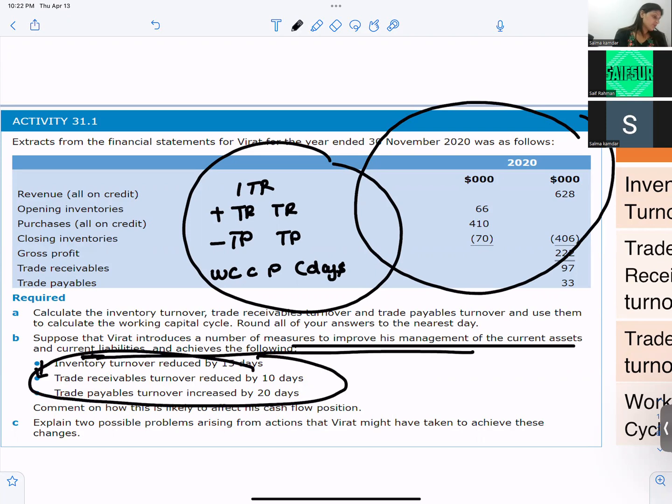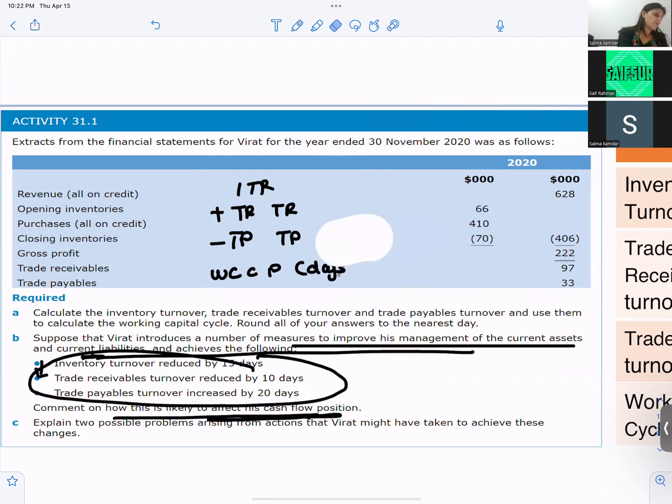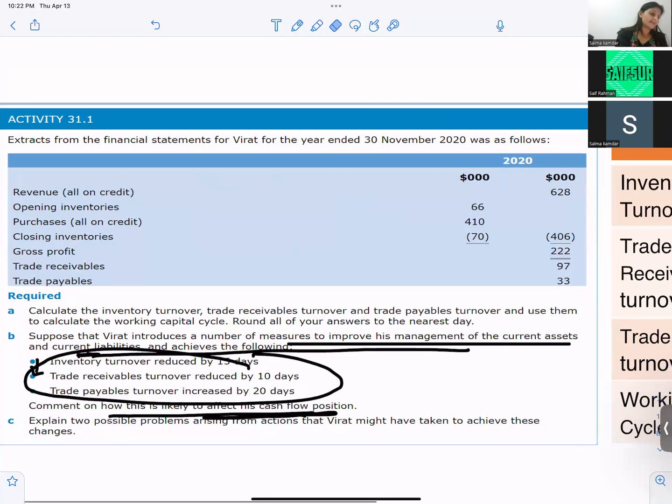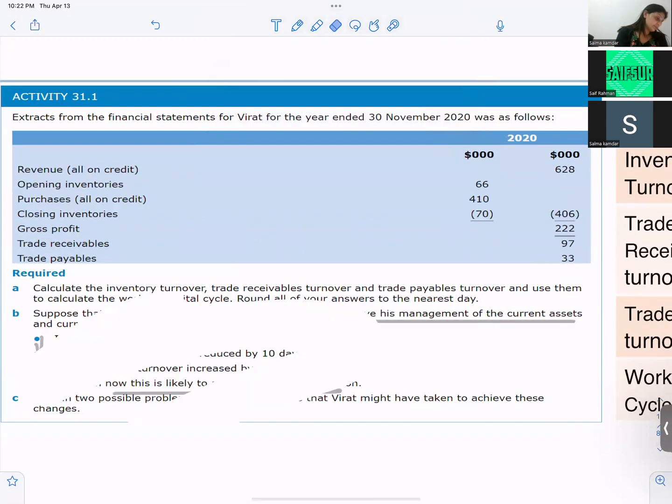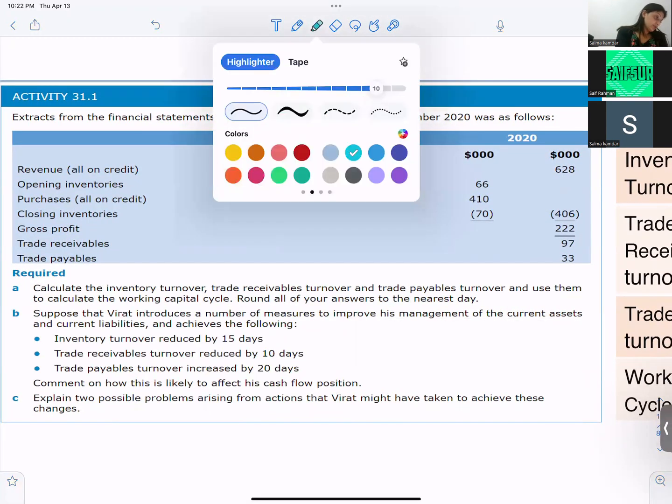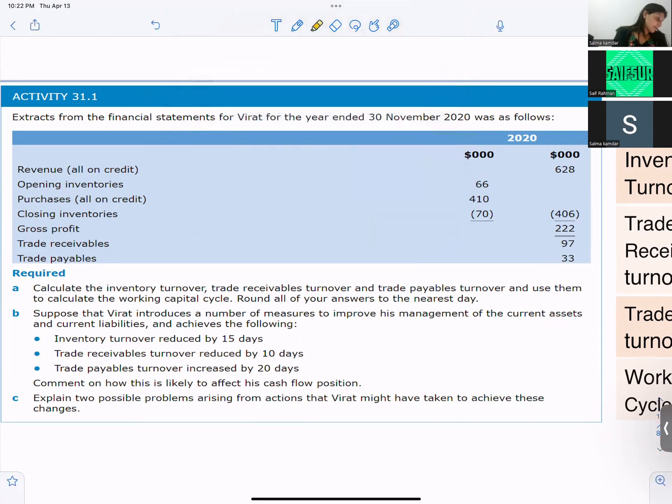You have to comment on how this is likely to affect the cash flow position. So first you find out before the changes your working capital cycle ratio.